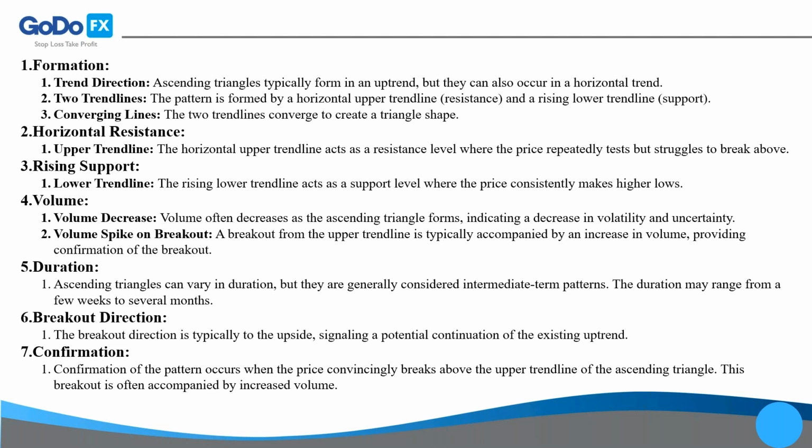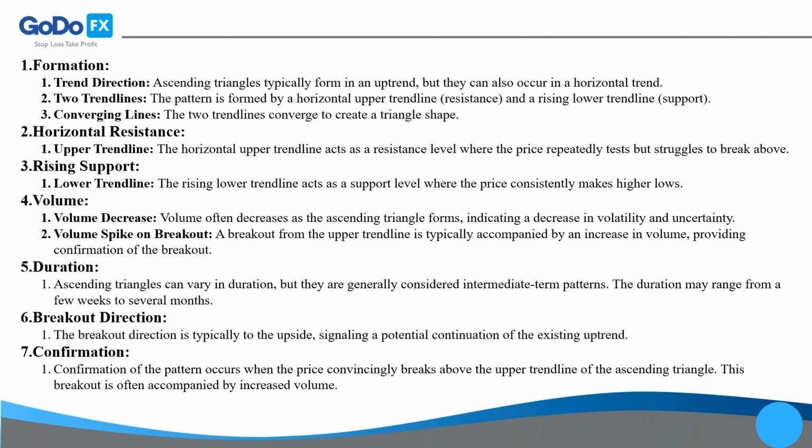Concerning the volume, it often decreases as the ascending triangle forms, indicating a decrease in volatility and uncertainty, and a breakout from the upper trend line is typically accompanied by an increase in volume, providing a confirmation of the breakout. The ascending triangle can vary in duration, but they are generally considered intermediate term patterns.